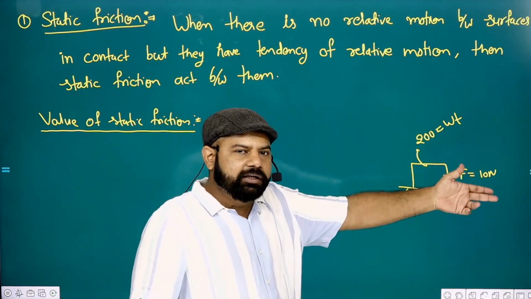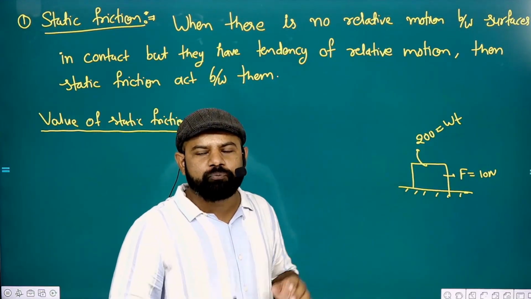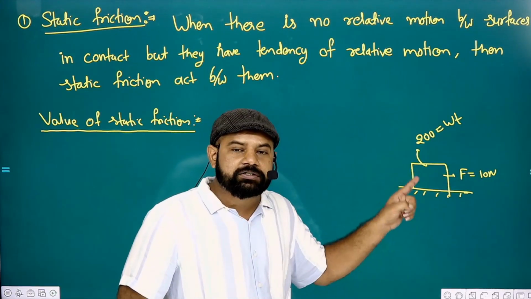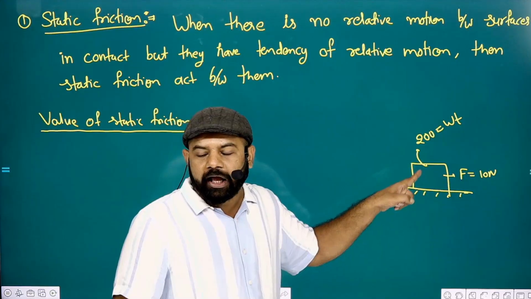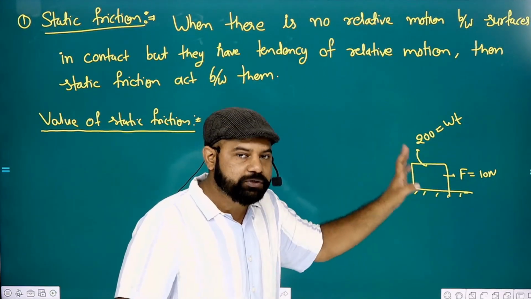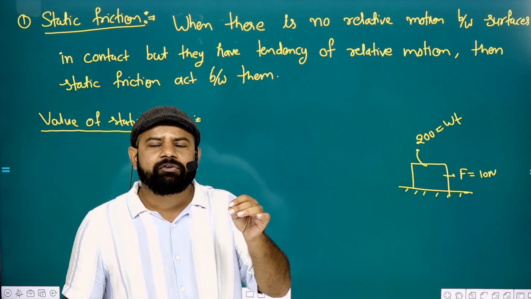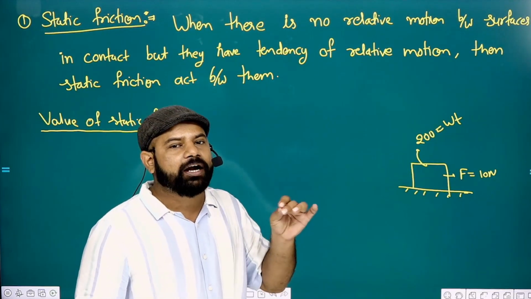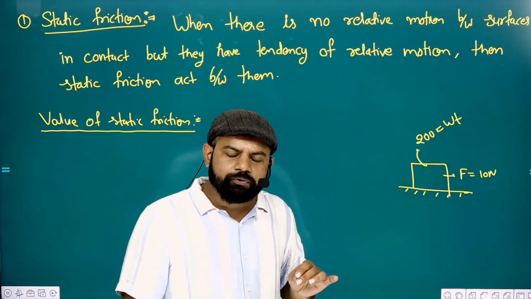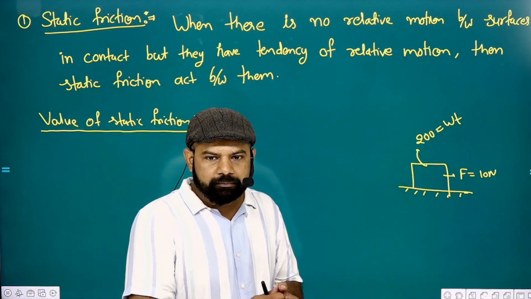If we increase this force to 20 Newtons and still there is no movement, what does it mean? It means that now static friction is acting equal to 20 Newton, because the net force in the horizontal direction must be zero. So can we say that this static friction is self adjustable, meaning it will act at a value which is required just to keep that body in equilibrium, right?